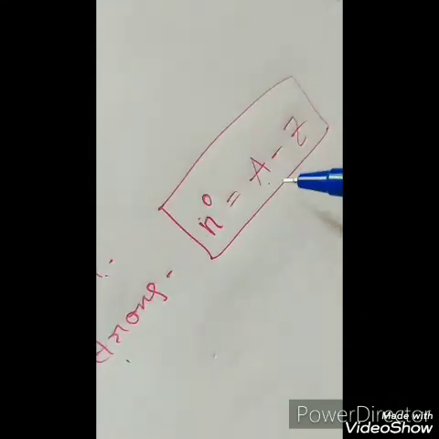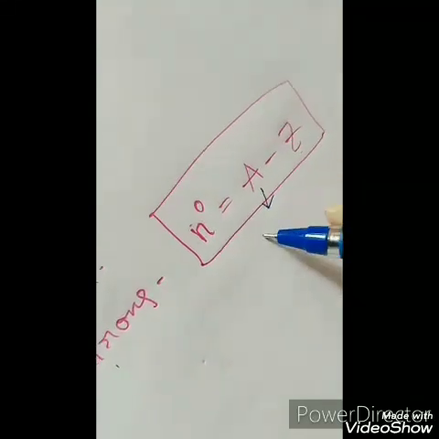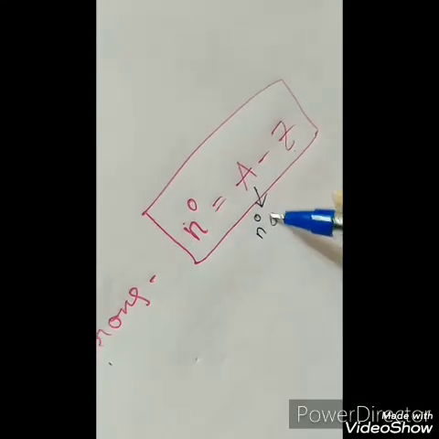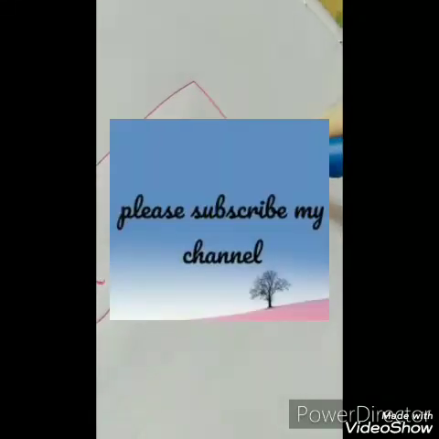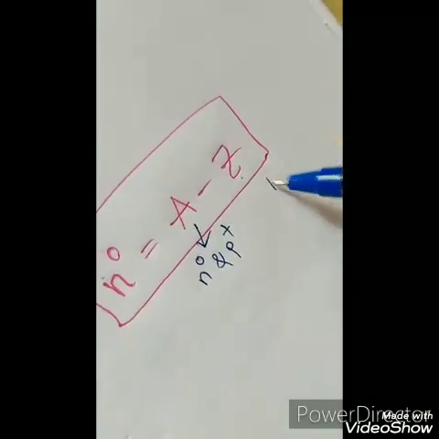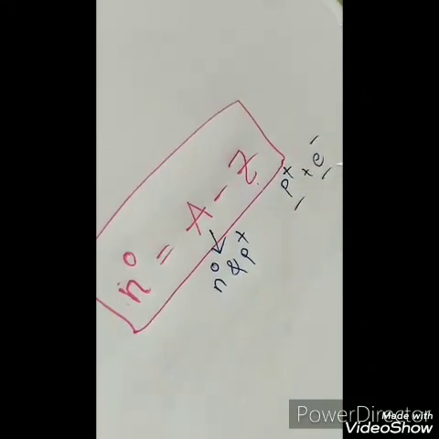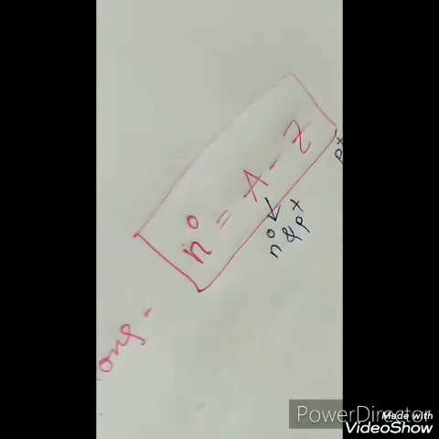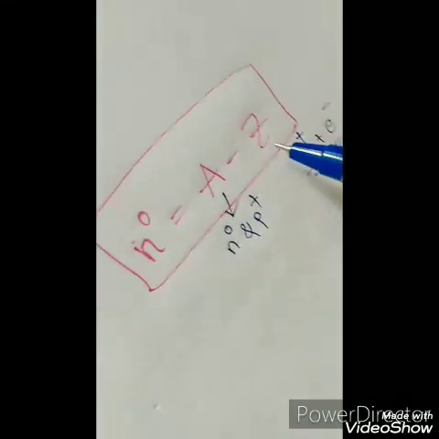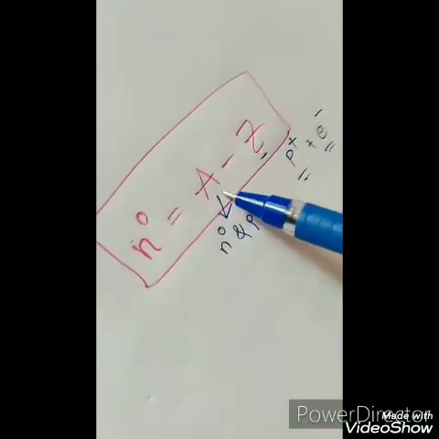Because already you know the mass number contains neutrons and protons. Z means protons as well as electrons. These two are the same, no? That's why, if you subtract the atomic number from the mass number, we can get the number of neutrons.